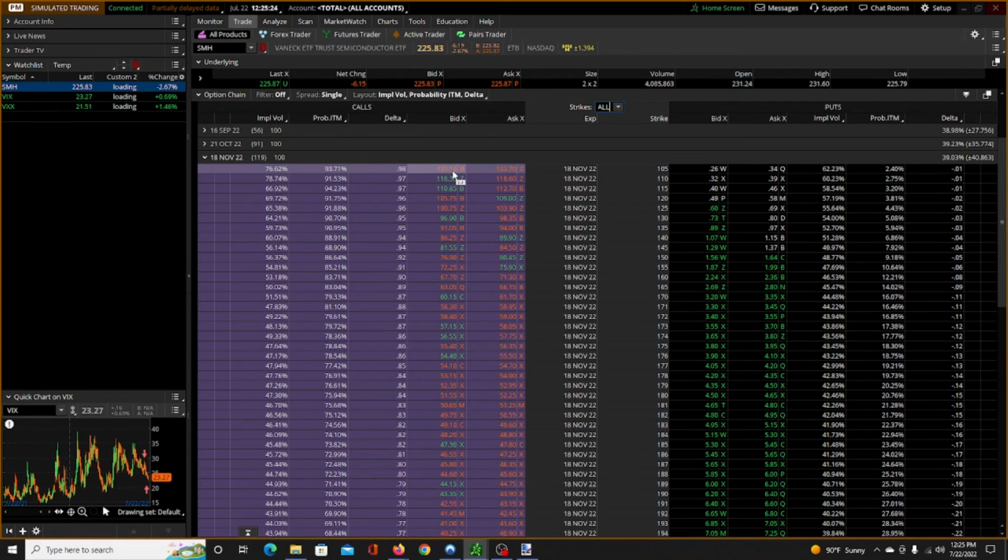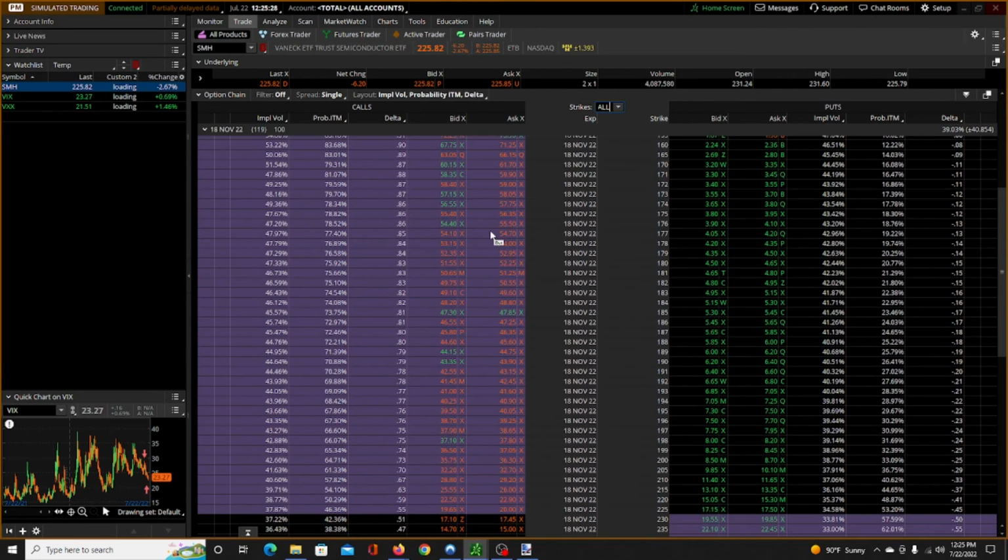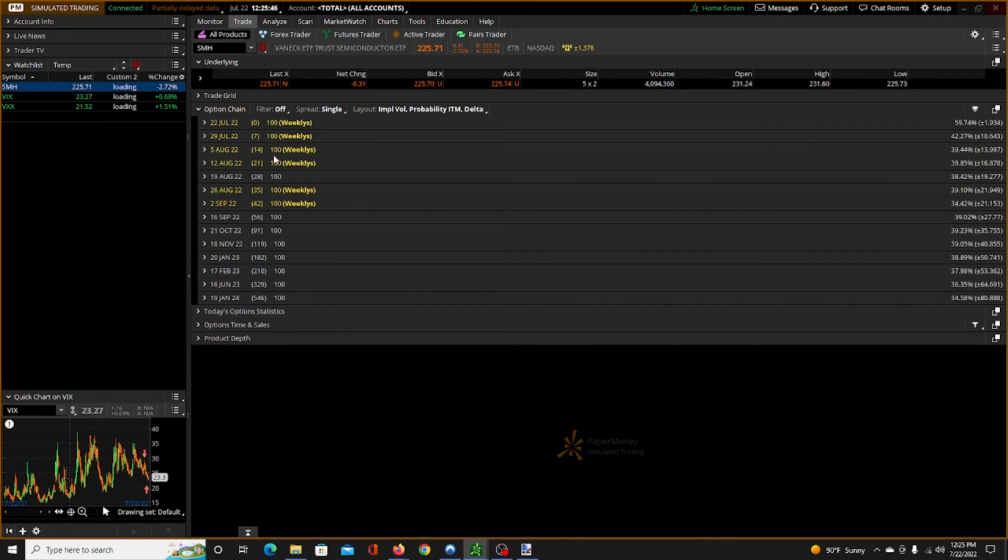I'm not sure I want to spend 10 or 12,000 on this, so let's move this up to about an 80 delta on this one. So this one would cost me about $4,600 if I wanted to buy this 80 delta right here at 187. So I'd spend about $4,600 right here to buy this, and that will be my long call that I'm going to sell my short calls against.